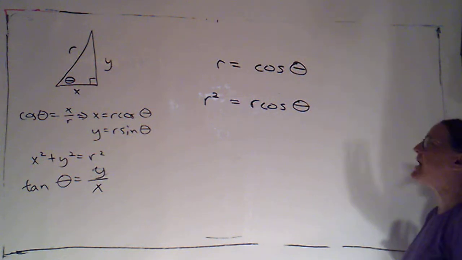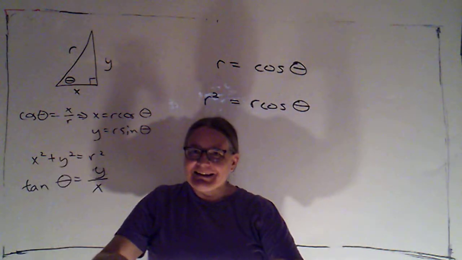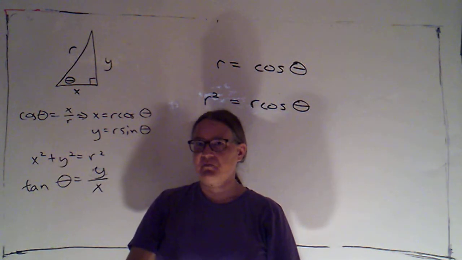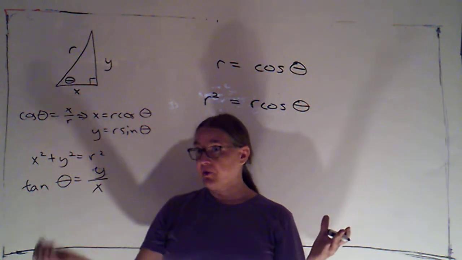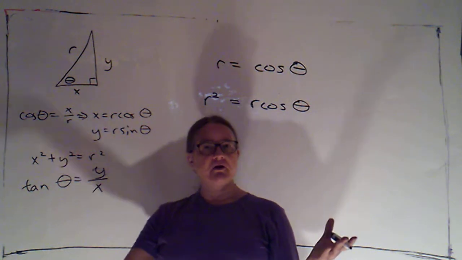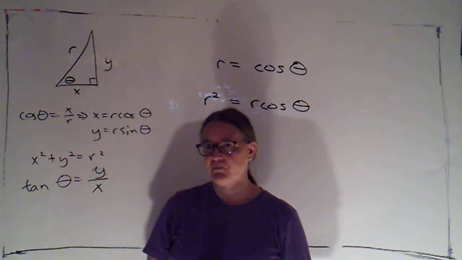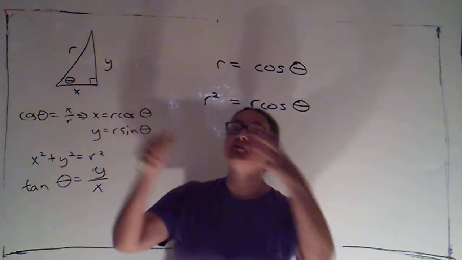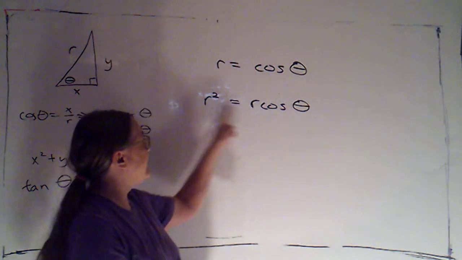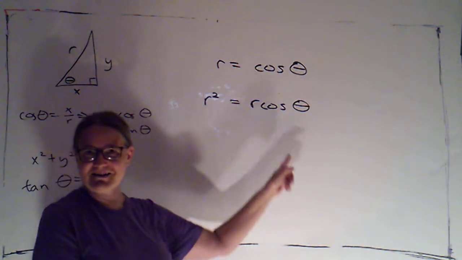Now, I do need to be careful. When I multiply through by r, it's possible that I added extra solutions. We don't divide by variables because we don't know if that variable might be 0, and we don't want to lose solutions with that variable being 0. We generally don't multiply by variables because we could be introducing solutions. Clearly, r equals 0 is a solution to this equation because there's an r on both sides.